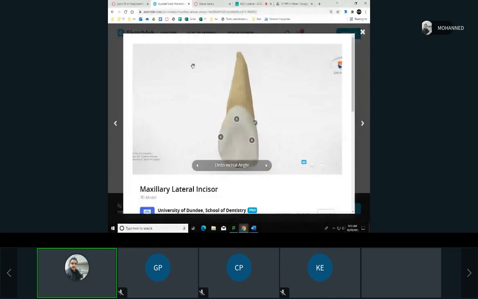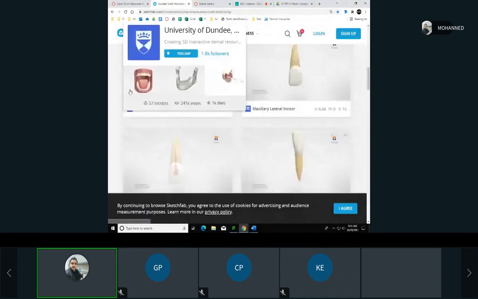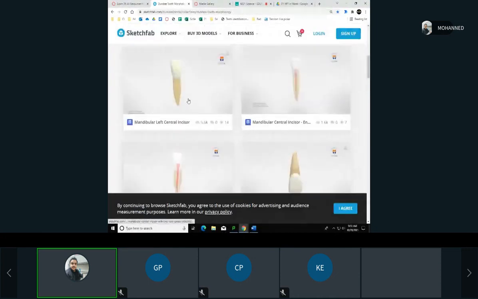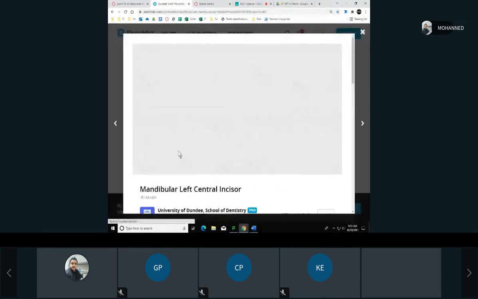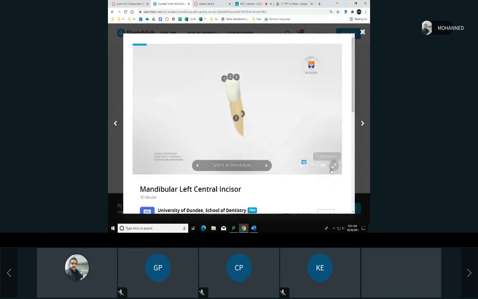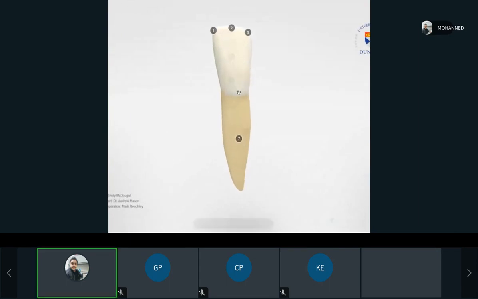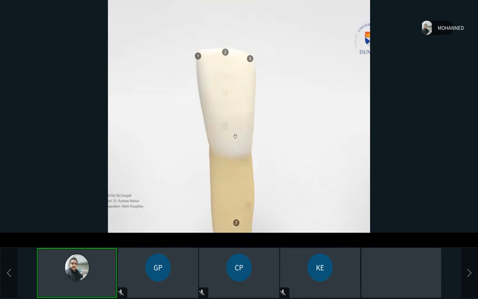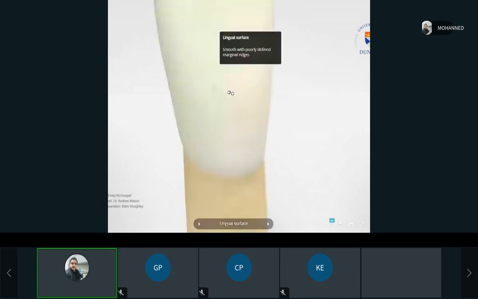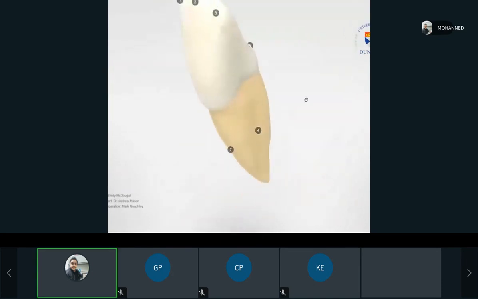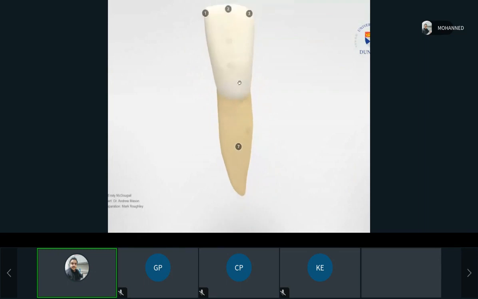So let's take a look now at the mandibular central incisors. These are the smallest teeth that we have in the arch. The thing about them is they are a little bit hard to differentiate left from right, because they're almost symmetrical.